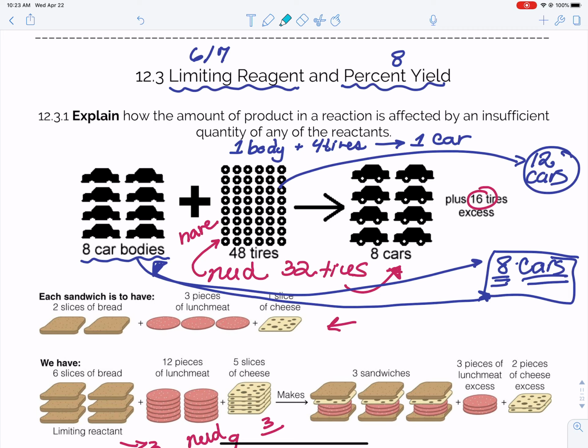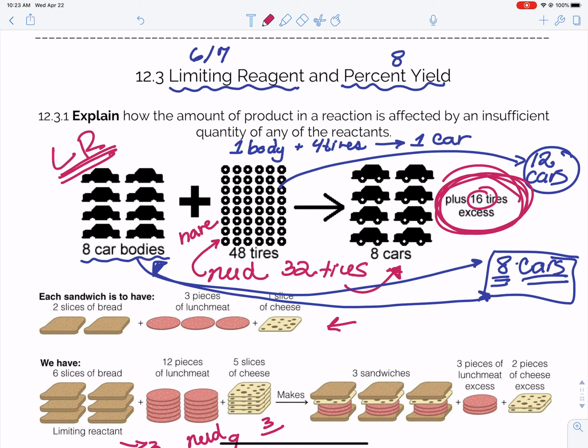In our car example, we decided that this was the limiting reactant. Once the 8 car bodies are used up, we can't make any more cars, which means we're going to have some tires left over. How do I know how many tires I have left over?